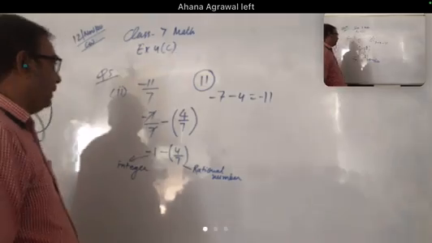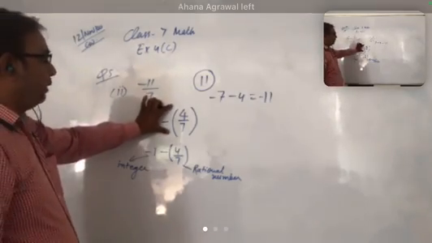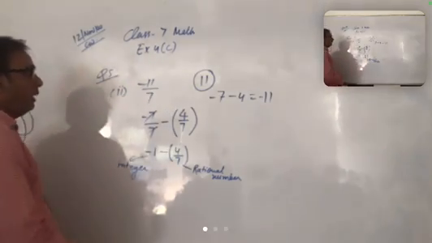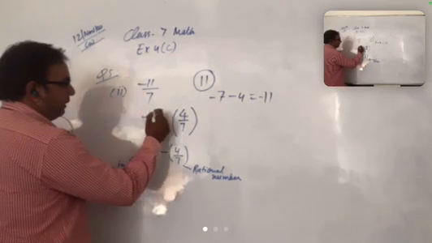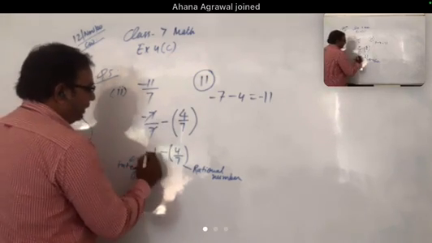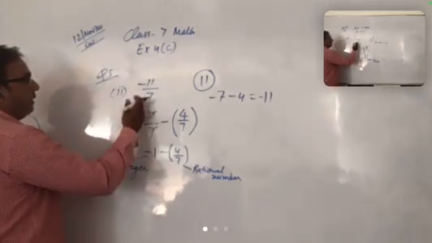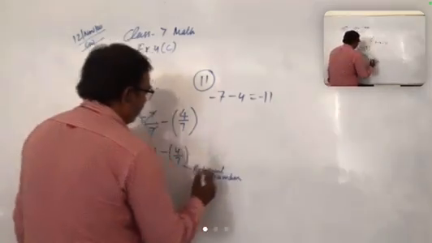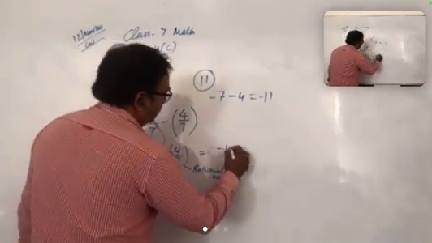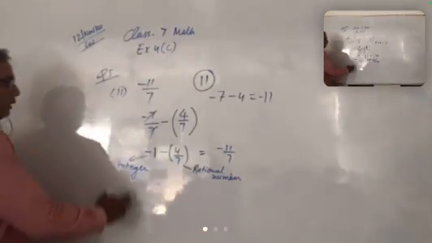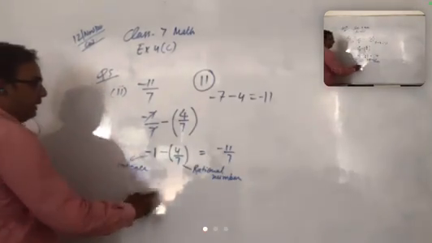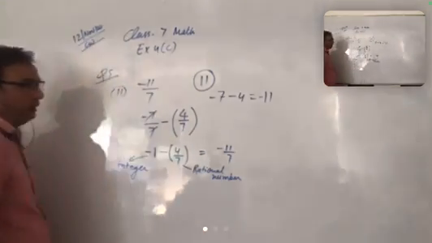Now this is 4 upon 7. Now we cancel this 7 upon 7, it will become 1. So minus 1 minus 4 upon 7 is equal to minus 11 upon 7. So minus 1 is the integer and 4 upon 7 is the rational number.